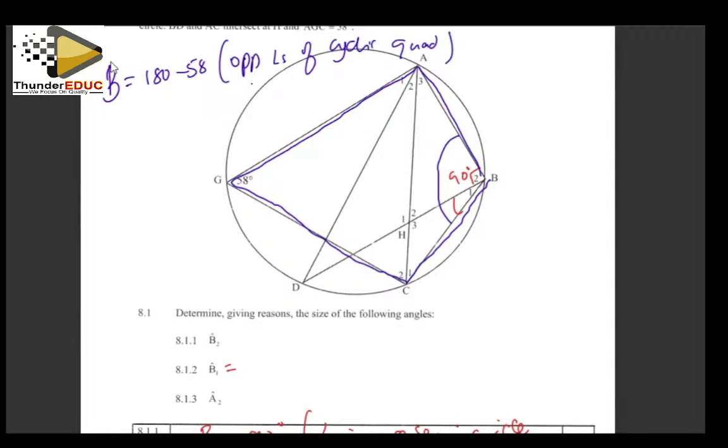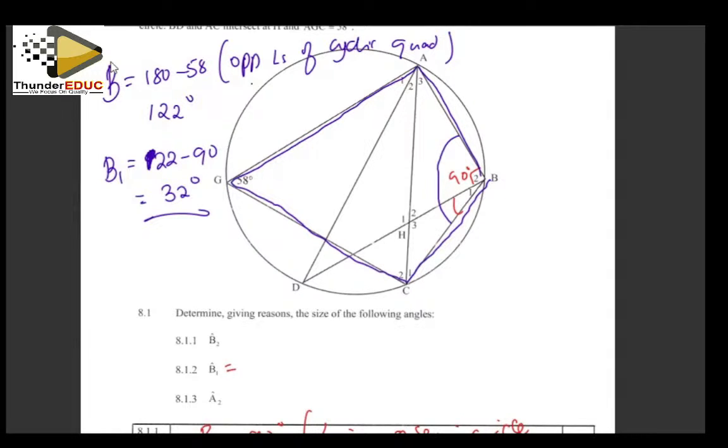That's going to give me 122. So if B is 122, but B2 is 90, which means B1 is going to be 122 minus 90, which is 32.